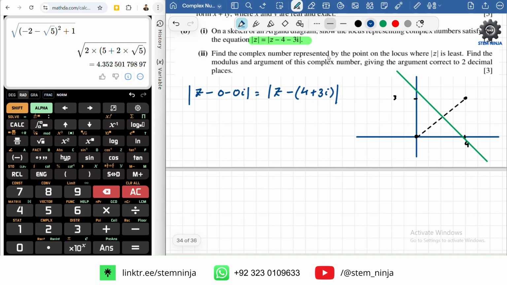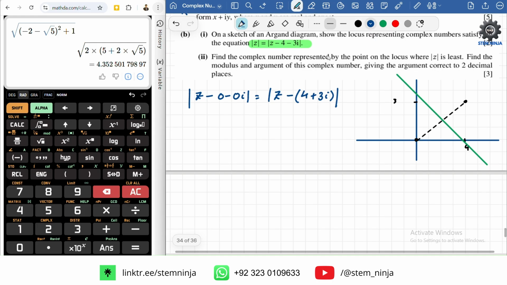Let's see what equation we get, because we will also need the equation, since the locus of the complex numbers would be lying on a certain line. So first off, we have 2 points, (0, 0) and (4, 3), right?